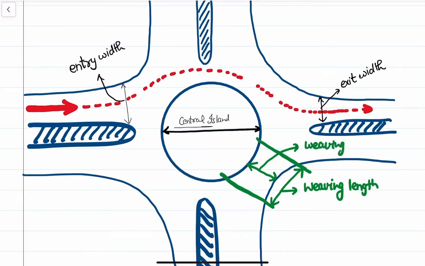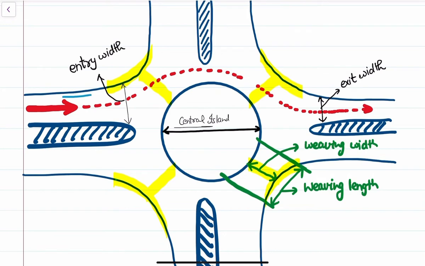This is called the weaving width, right? So in each direction, this is the weaving length, this is the weaving width, weaving length, weaving width, weaving length, weaving width. Alright, this is the weaving length and this is the weaving width.